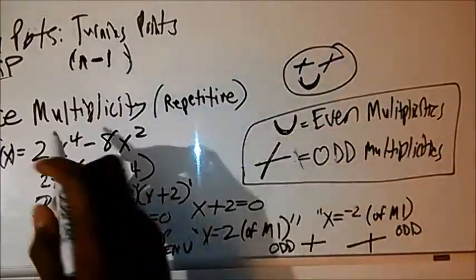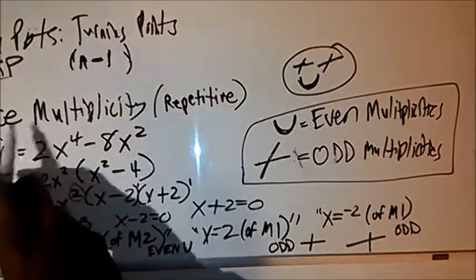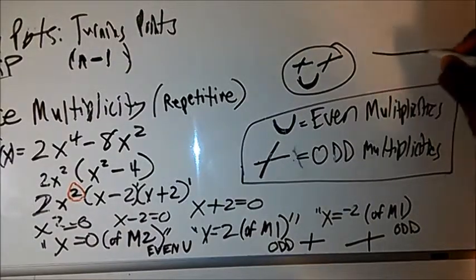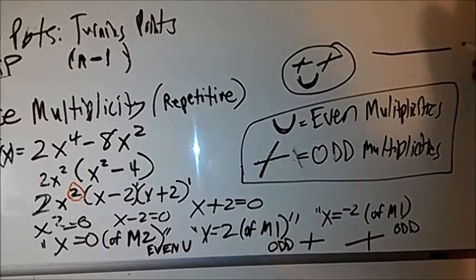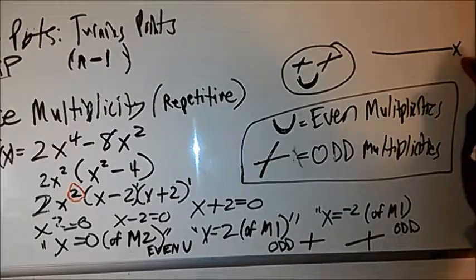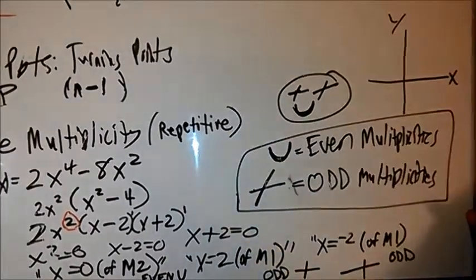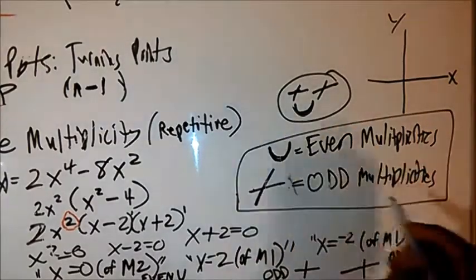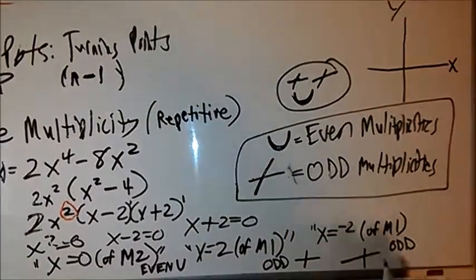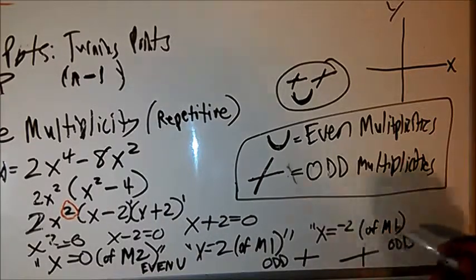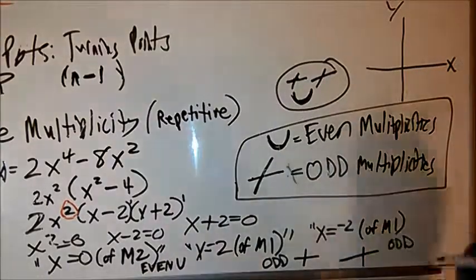Now, when we find the multiplicities, they tell us the behavior that's happening on the x-axis. Let's say this is the y-axis. So what we're going to do is look at whether an x's multiplicity is odd or even.